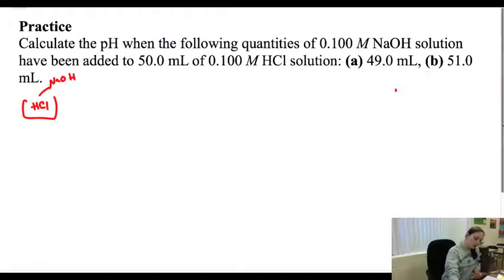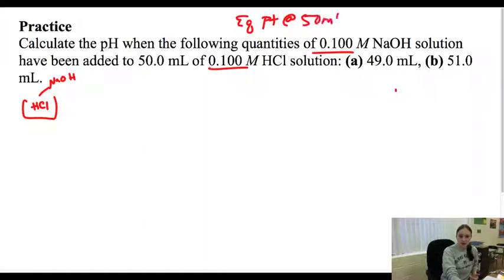Alright, so we can figure out whether it's before the equivalence or after, or whether it's initially. Well, it's not initially, because I don't have any 0 milliliters of NaOH added. Since my molarities are the same, that means my equivalence point is going to be at 50 milliliters. So this first one, A, is before the equivalence, and the second one, B, is after.